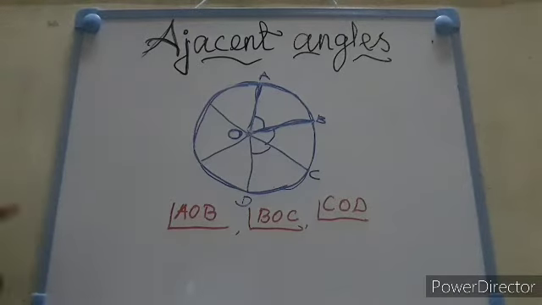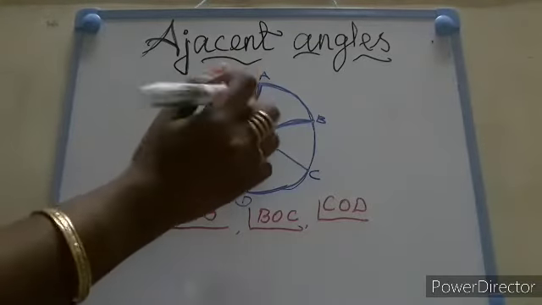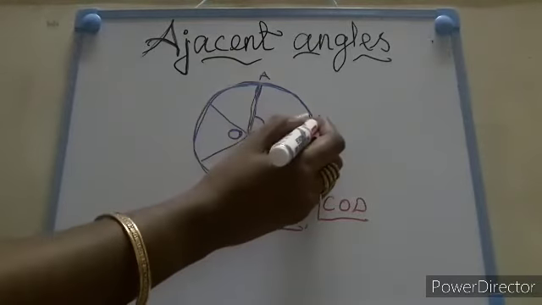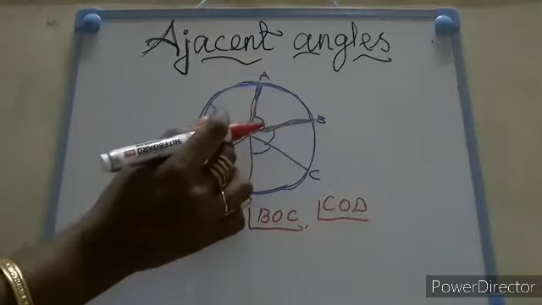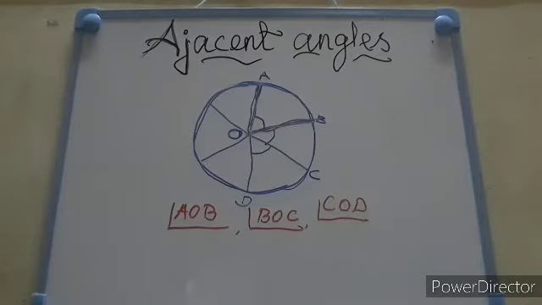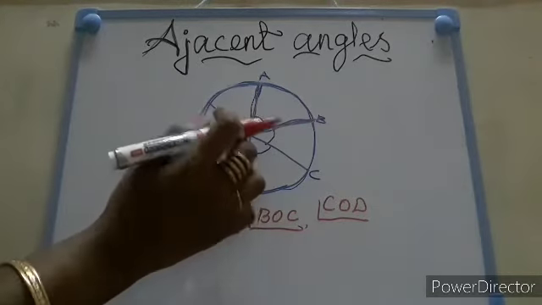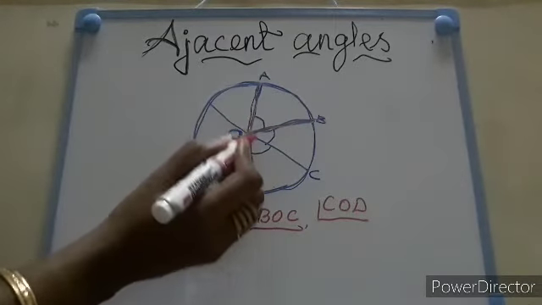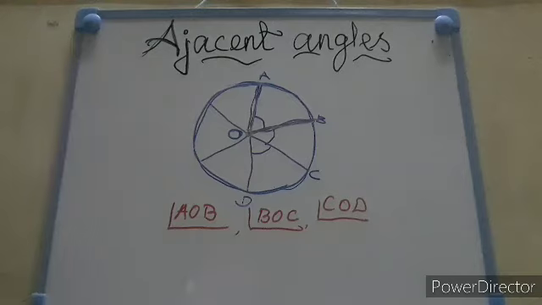So where is the adjacent angle here? Look here, this is the arm, right? OA and OB, these two are arms. These two are joined at a common point. That's why it makes an angle, right?